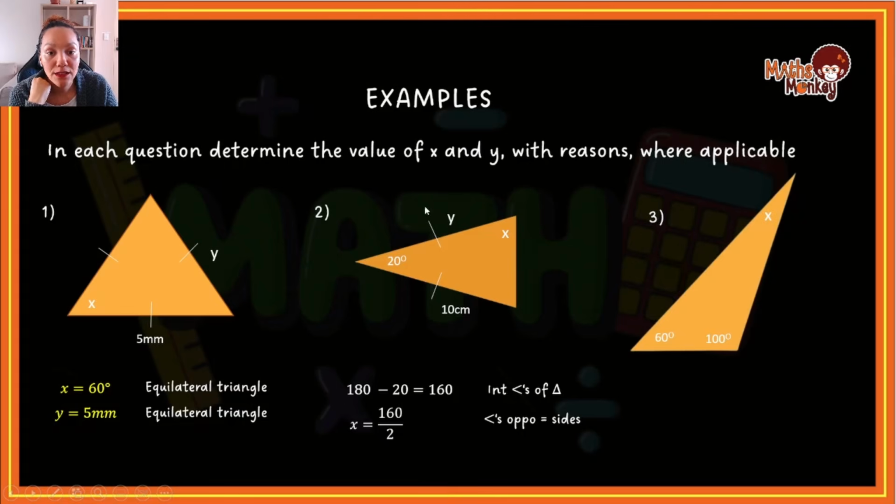So angles opposite to equal sides. Please note, it's very important for you to write down the reason correctly in these questions. You can't abbreviate this reason any shorter than what it is here.